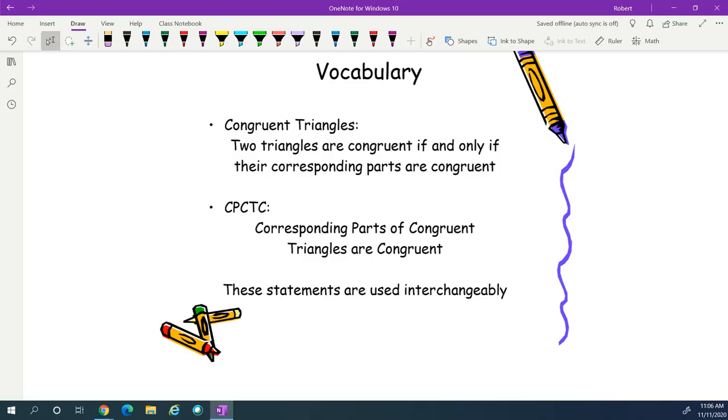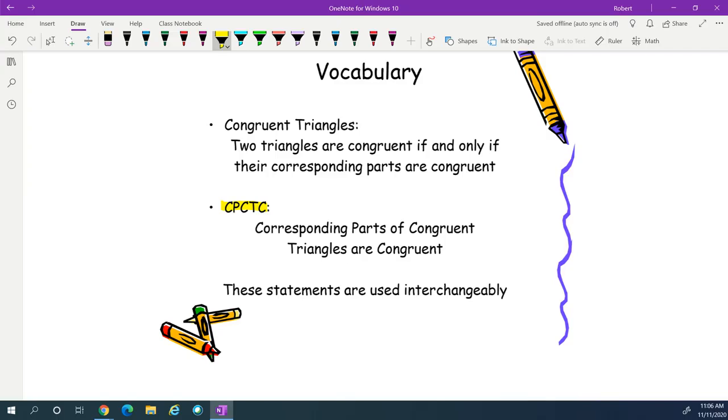And we can also turn that around. If we know the corresponding parts are congruent, we can say that those triangles are congruent. And we can say that when the triangles are congruent, all of their parts will be congruent. So we have this acronym CPCTC. Now, it really does represent the same content. When two triangles are congruent, all of their corresponding parts are congruent. So CPCTC just rewords that.